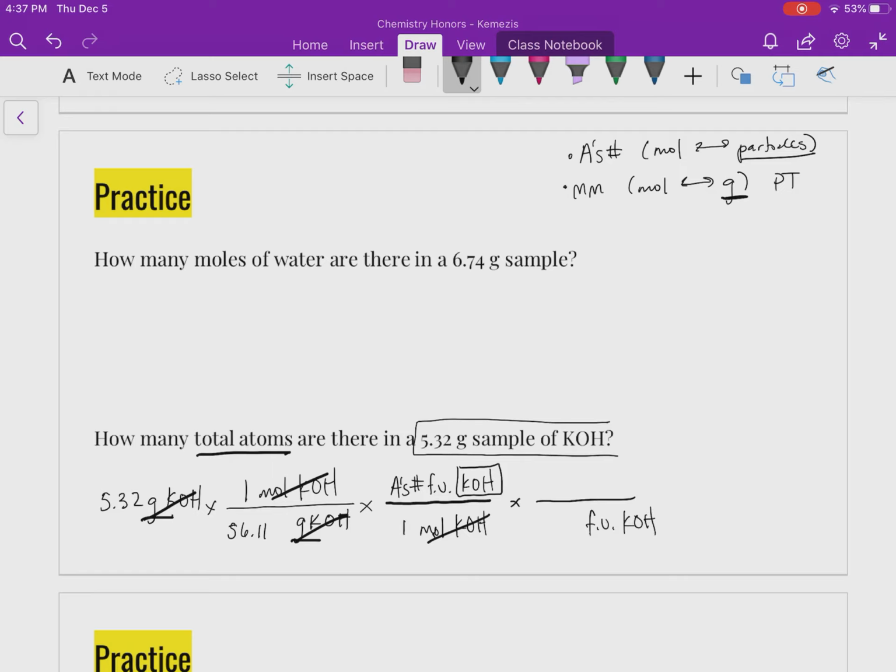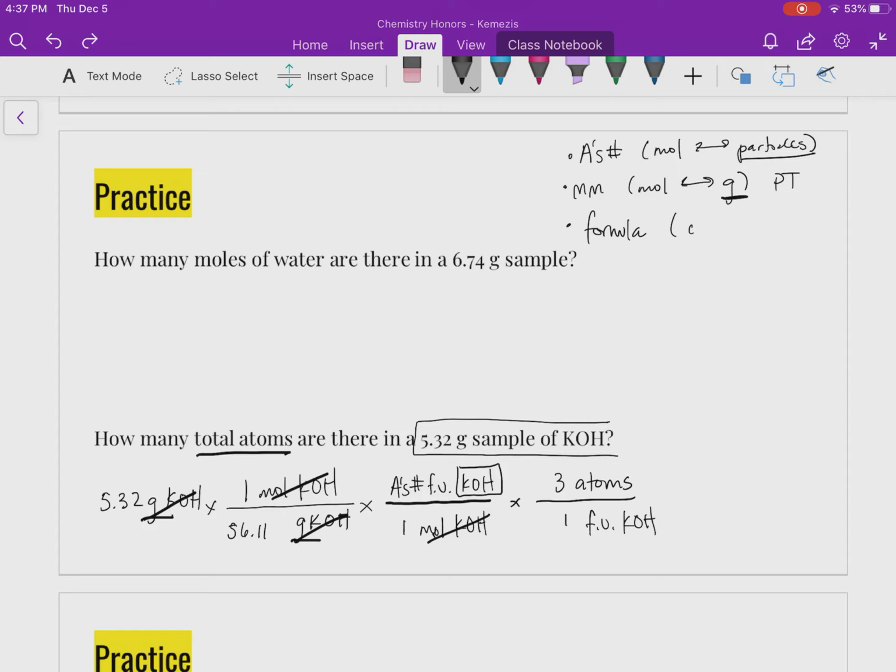And in one individual formula unit of KOH, there are actually 3 atoms. You have a potassium, you have an oxygen, you have a hydrogen. So we're adding another conversion factor that we can use, and it's the formula, which allows you to move between the compound and, I guess, smaller pieces.